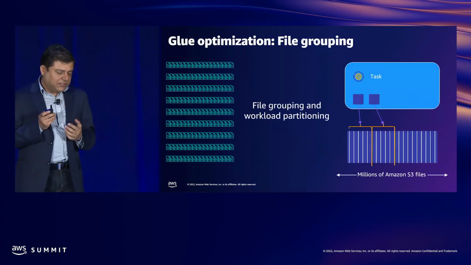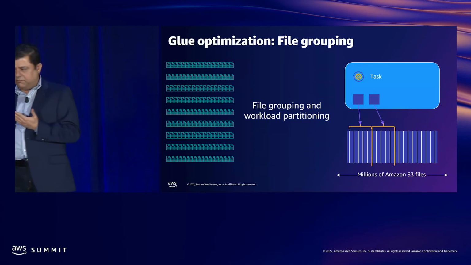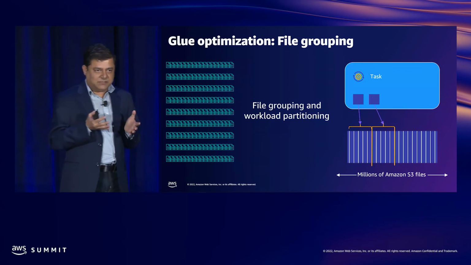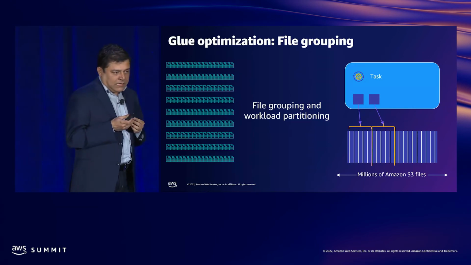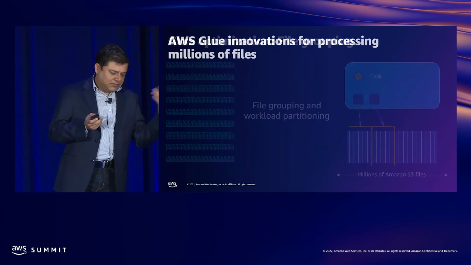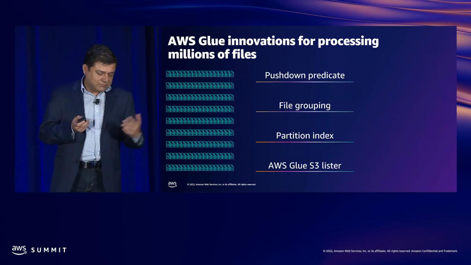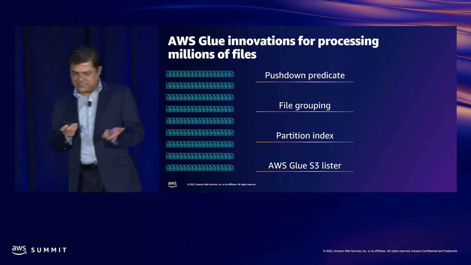The second optimization is file grouping. In this case, what Glue does is it groups the files into manageable chunks, and then each Spark task processes those groups of files. These are just a couple of examples. In general, there are other innovations that Glue has done: file grouping, partition index, and a custom S3 lister.